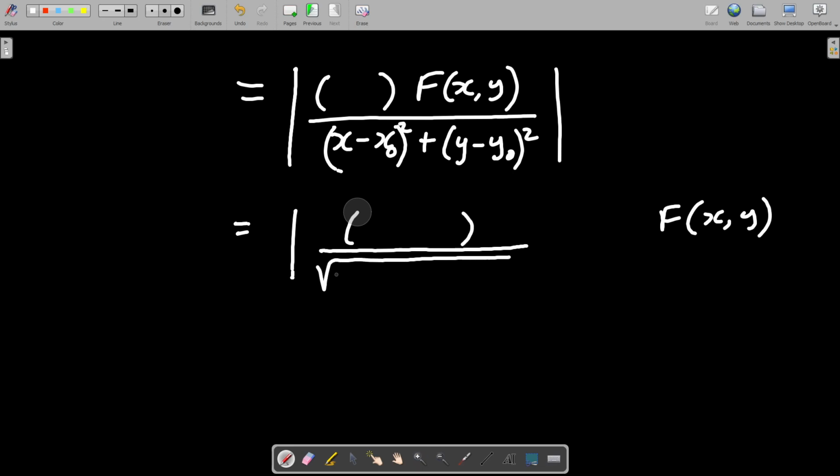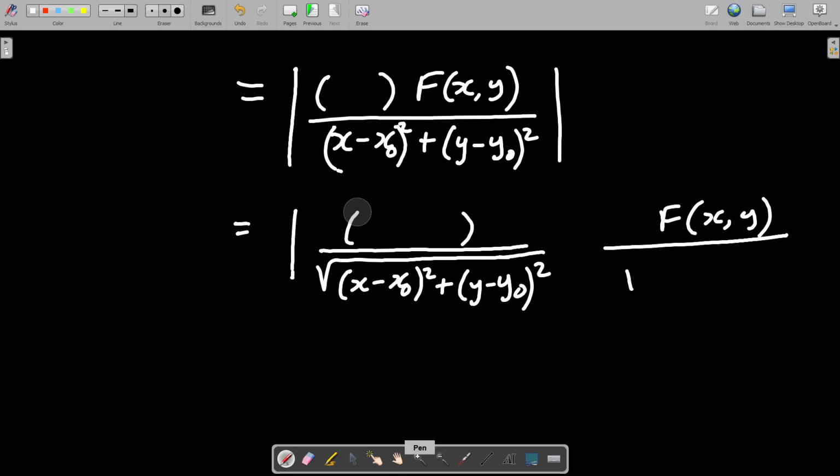A product of two roots will give you the full term: x minus x naught the whole square plus y minus y naught the whole square. And this will get split as root over x minus x naught the whole square, y minus y naught the whole square.